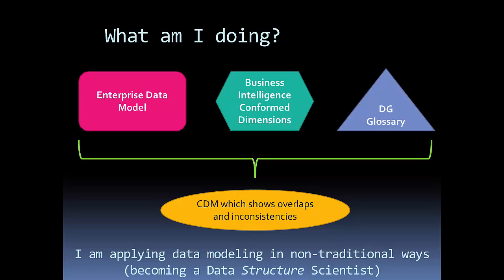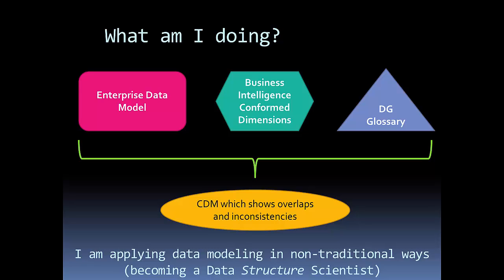So one of the things I'm doing is taking consulting assignments where I'm using my modeling skills in non-traditional ways. For example, this summer, I took on an assignment with an insurance company where I looked at some very complex artifacts they had: an enterprise data model, business intelligence, conformed dimensions, a data governance glossary.